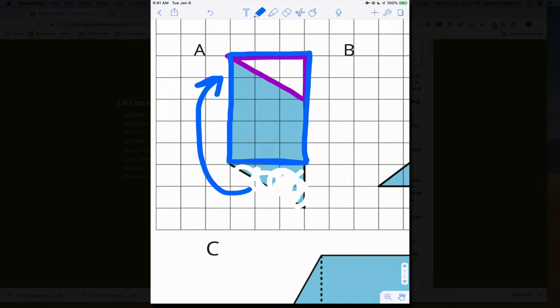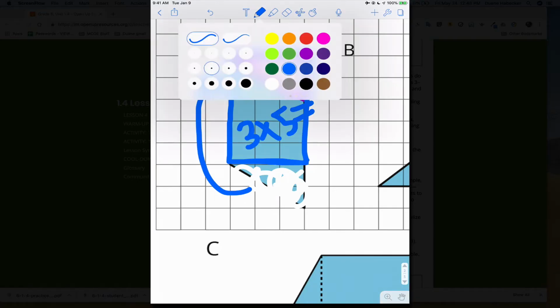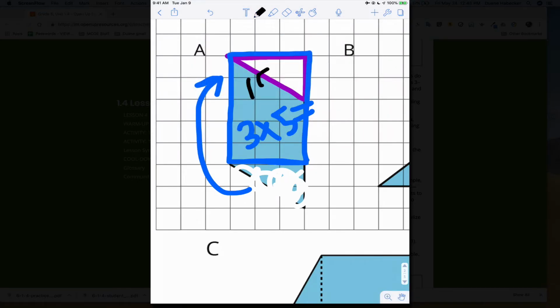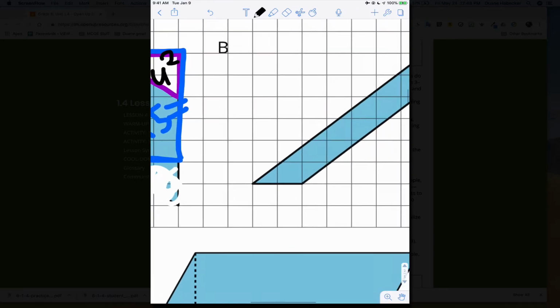And so now 3 times 5 gives us the area, which is 15 units squared. Really, I should do that in a different color. So let's call that 15, there you go, 15 units squared. So that's a common way.